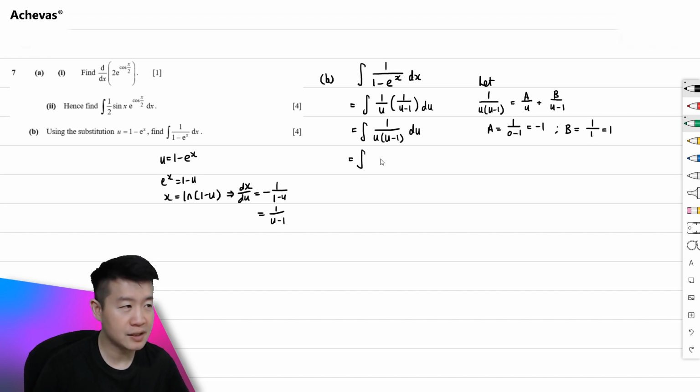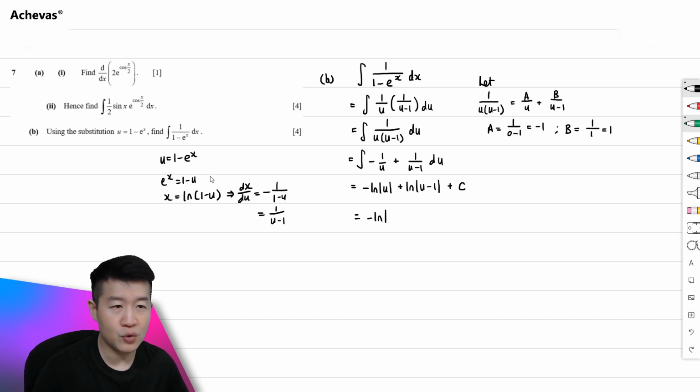This tells us that this is going to be minus 1 over u plus 1 over u minus 1 du. So this is equal to minus ln modulus of u plus ln modulus of u minus 1 plus c. So this is minus ln modulus of u, which is 1 minus e to the power of x, plus ln of modulus of u minus 1.